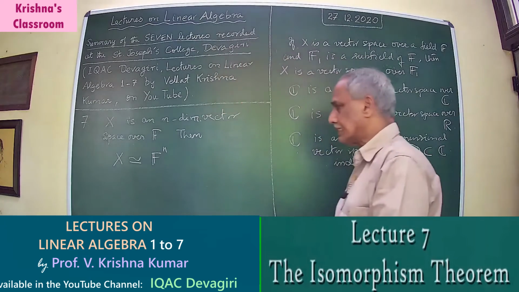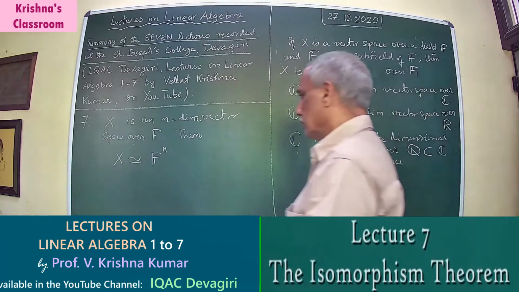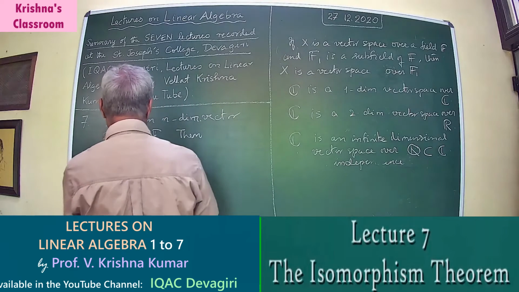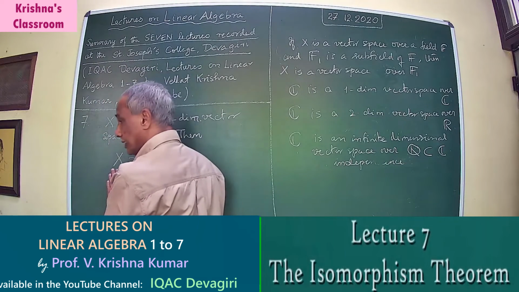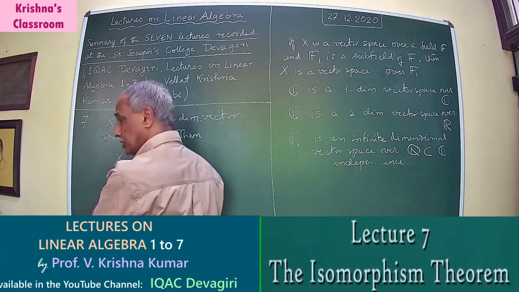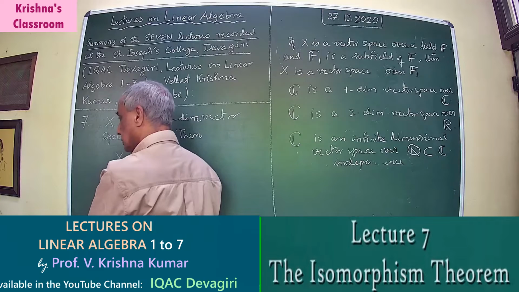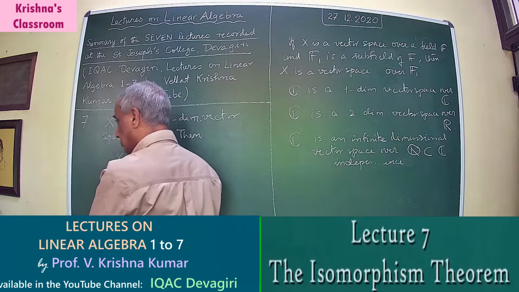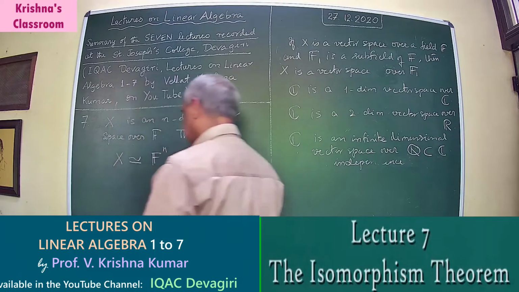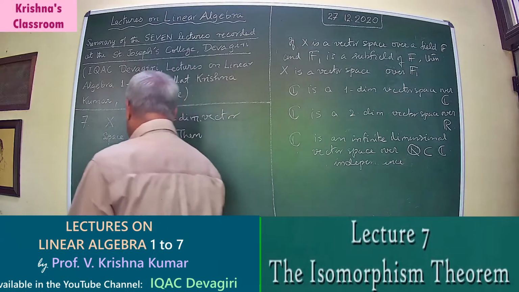So what one has is this: you have an isomorphism. Fn is an n-dimensional vector space over F, and X is also assumed to be an n-dimensional vector space over F. Now what we are trying to define is an isomorphism. This is defined like this.